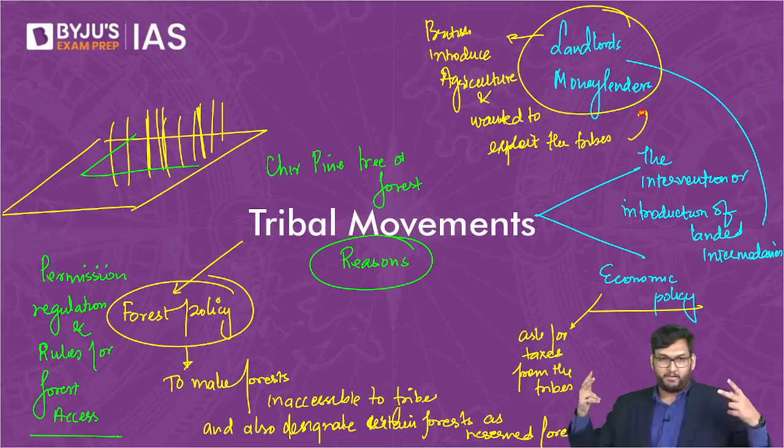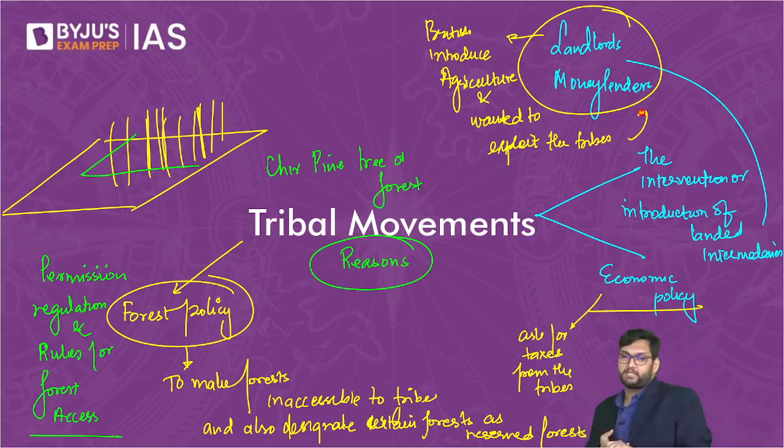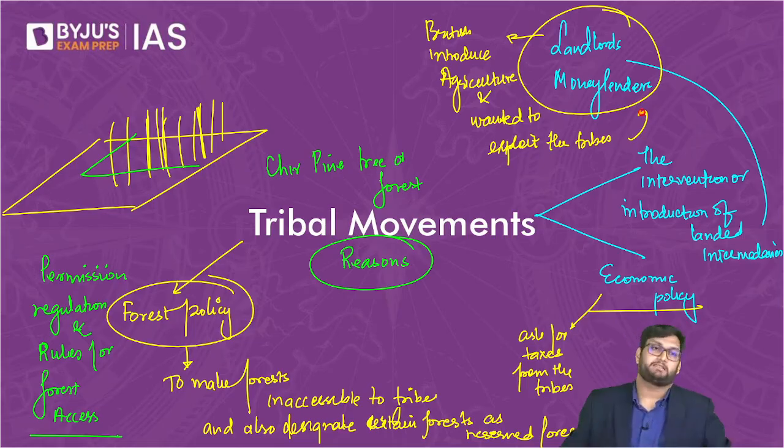So if I bring all these three reasons together, what it actually means is that first, there were new elements, what they used to call foreign elements, in their own forested land.